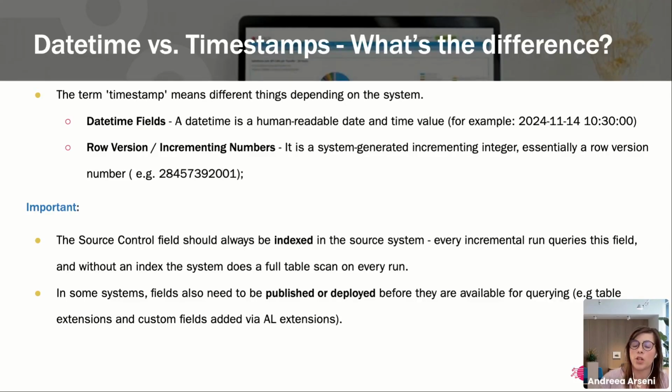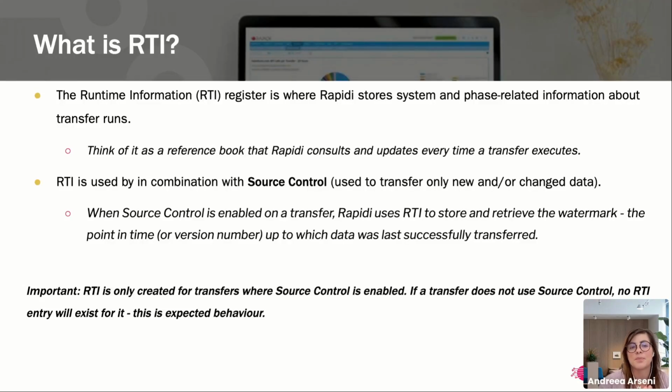In order to use it, it has to be published and deployed, and then you can query that table and get the information you need. This is very important before we dive into more complicated things.